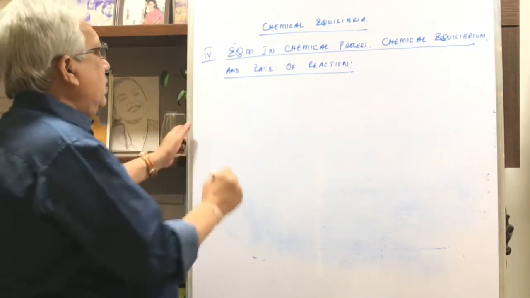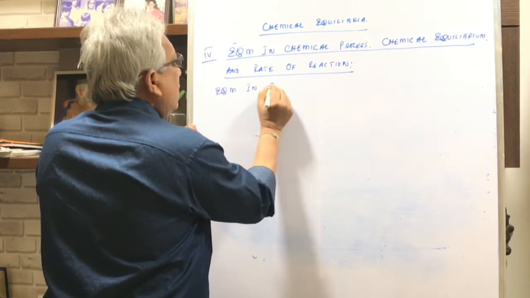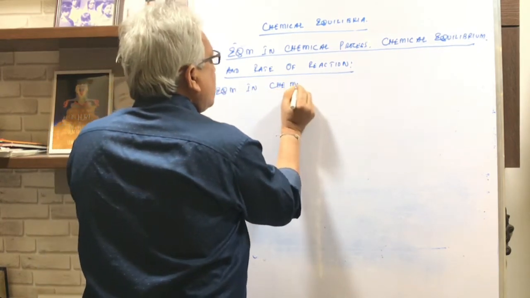So we begin with equilibrium in chemical process.